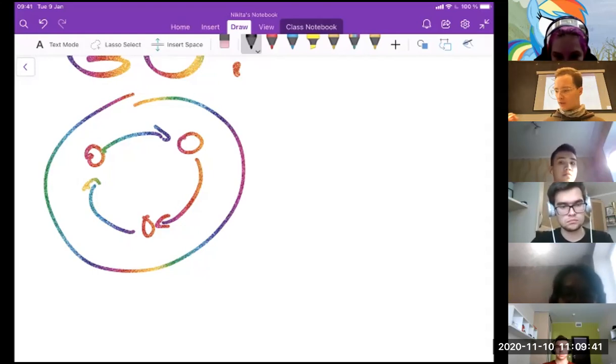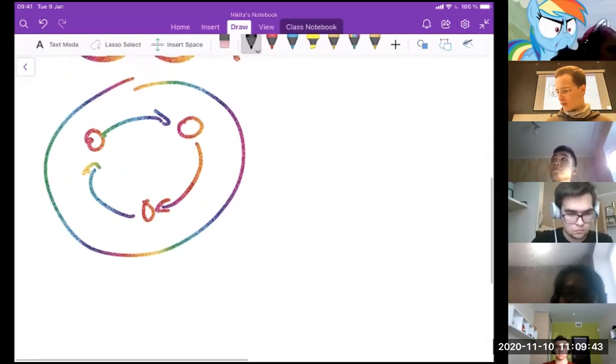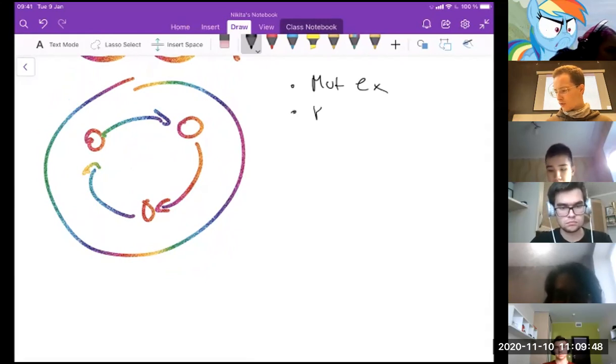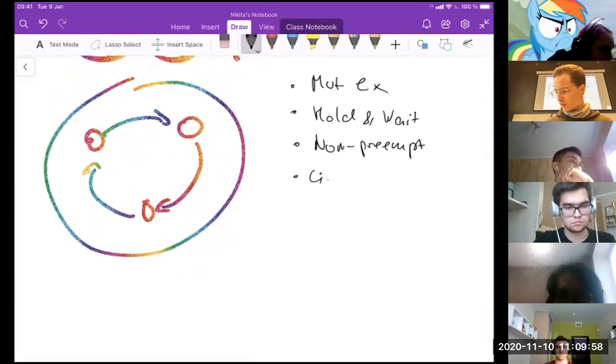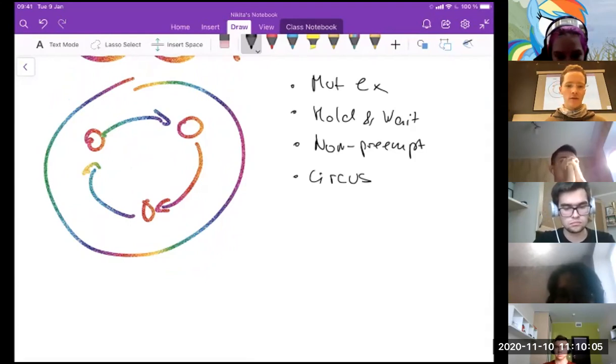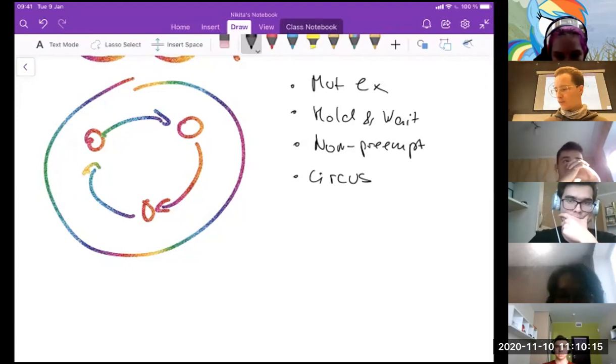So if all 4 of them hold, mutual exclusion, hold and wait, no preemption and circular wait, then we have a deadlock. Then we have several approaches, exactly 4 in Tannenbaum, for how we can deal with the deadlock. What were these approaches?